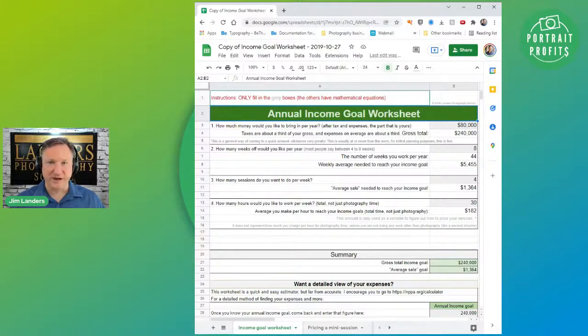By the way, if you have a full-time job, you might be able to do 4 sessions and have your full-time job. It depends. But that means your average sale must be $1,300. You see that number right here, 1,364. If you're doing 4 sessions, then 1,364 is the amount you need to bring in.